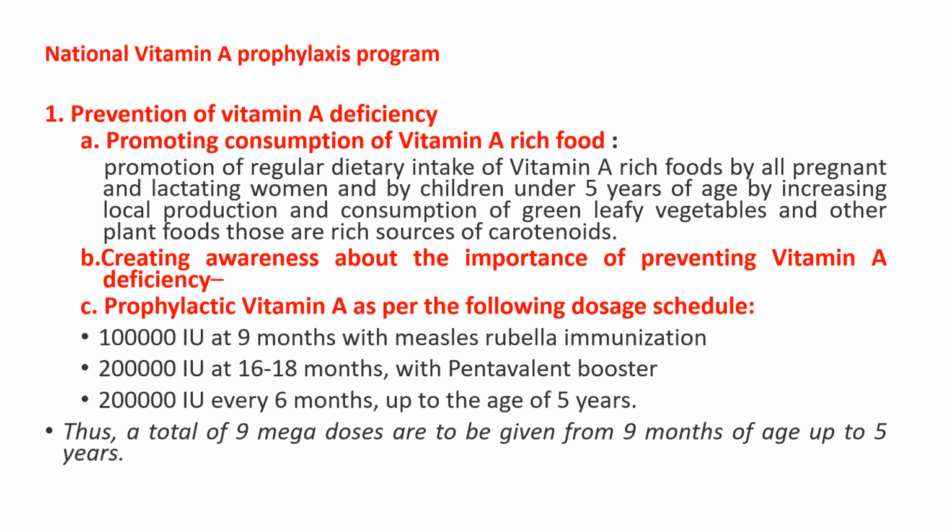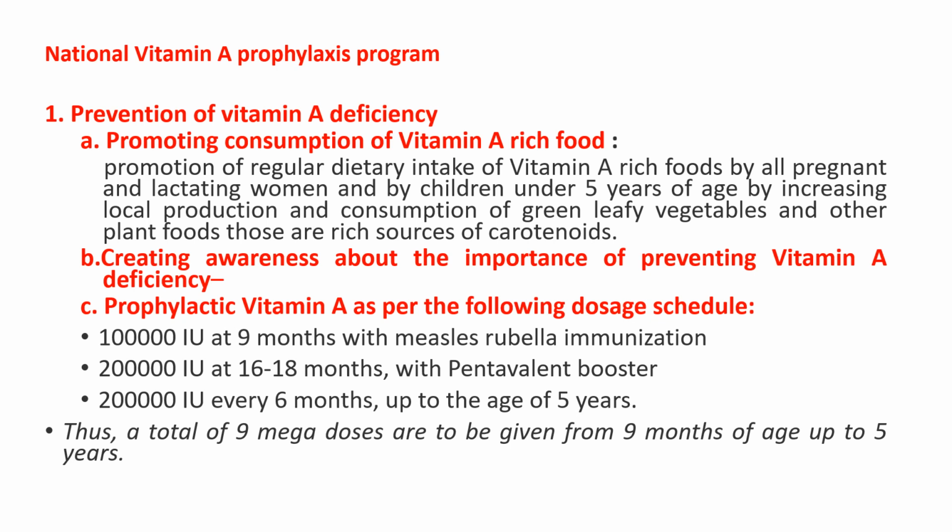That involves prevention of vitamin A deficiency through promoting consumption of vitamin A rich food, creating awareness, and of course prophylactic vitamin A dosage. If it is at 9 months, that is the first dose, it is 1 lakh international unit along with the measles and rubella vaccination. If it is more than that, it is 2 lakh international units.